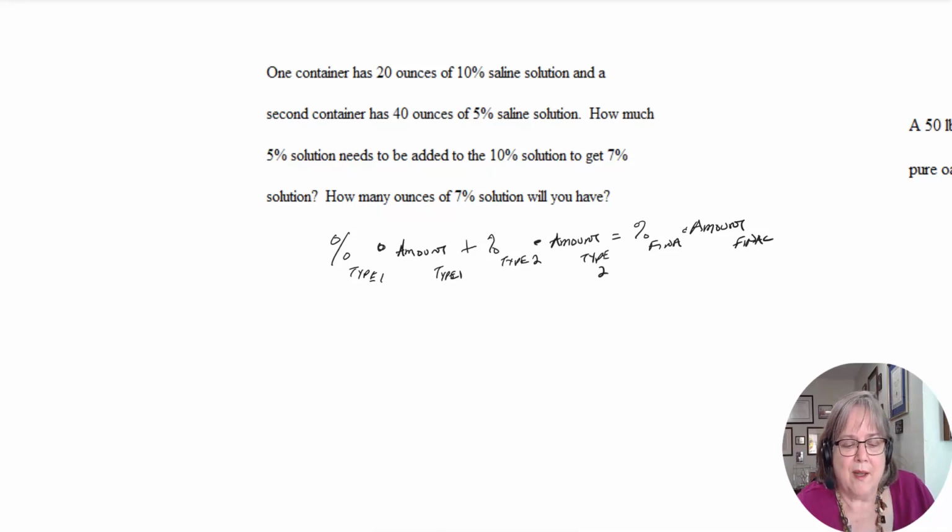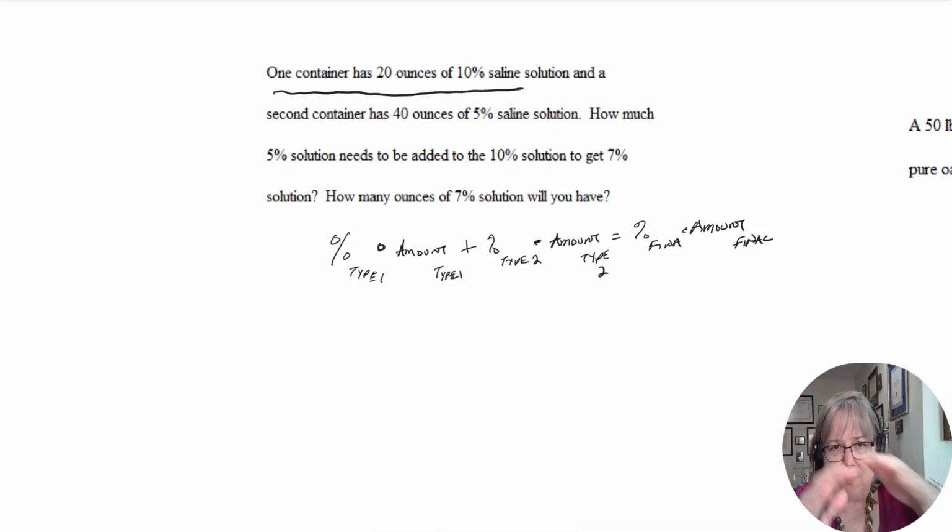What's implied is you have this container with 10% solution. I always feel like I'm in a lab with some beakers, going to pour things into each other. So I have a container that has 20 ounces of 10%, and I'm going to pour into it 5%, and I'm going to dilute it down to 7%. So I've got this big container with 10% in there, and I'm going to pour 5% in.